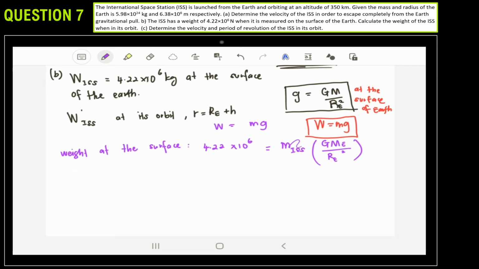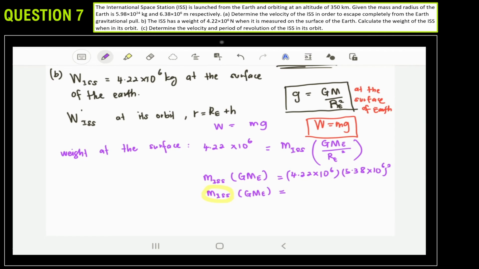We can find the mass of the ISS. M ISS times GME is actually equal to, or we can already find the mass of the ISS. If I calculate this first, the radius of the Earth is given as 6.38 times 10 power of 6, squared. So we can find the mass of ISS times GME first. If you want to find the mass of the ISS, you can also just divide by GME. But I want to continue with this, either way is the same.